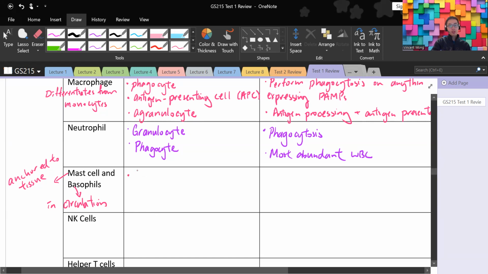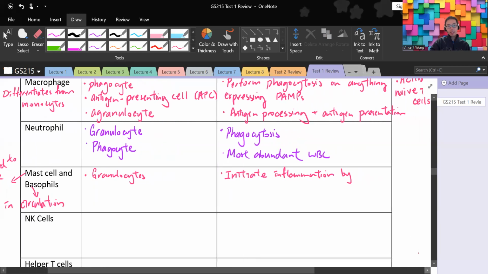And we will classify them as granulocytes. Okay. And the function is to initiate inflammation by releasing what chemical? What's the chemical that they release to trigger inflammation?